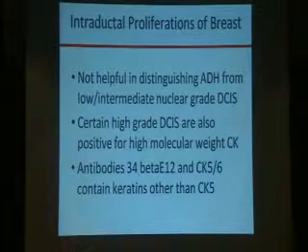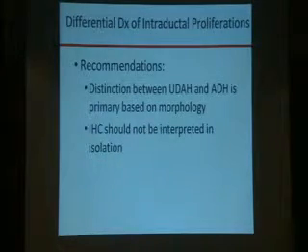And it is very important to consider what type of keratin you are going to use. Some of the cytokeratins may contain cytokeratins other than cytokeratin 5 and 6, and depending on the antibody that you are using, you may get some non-specific staining.